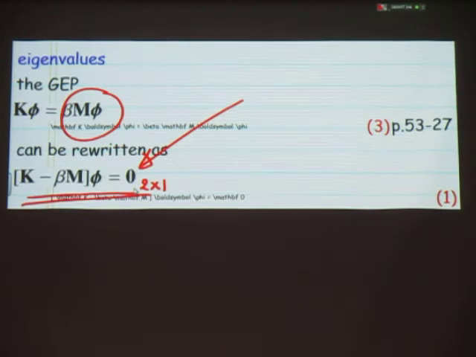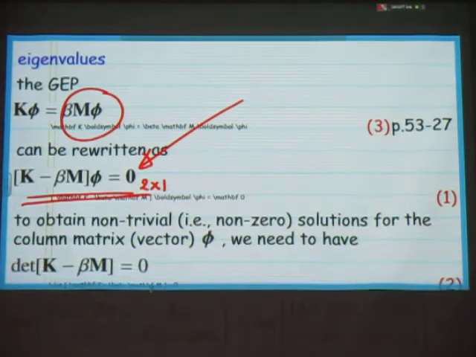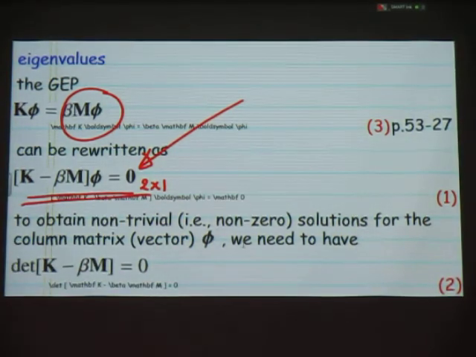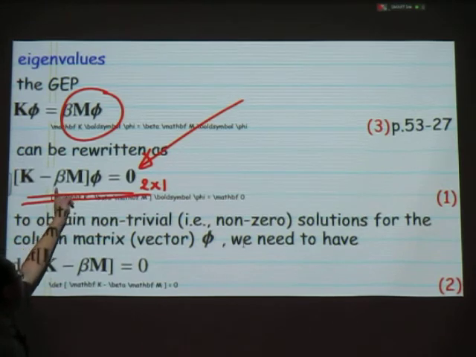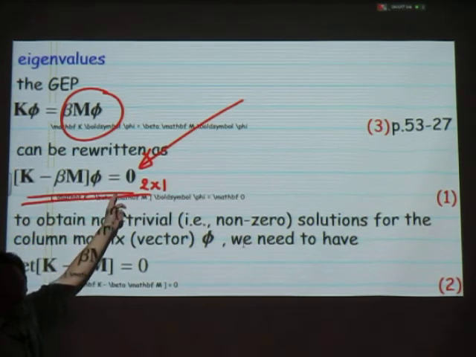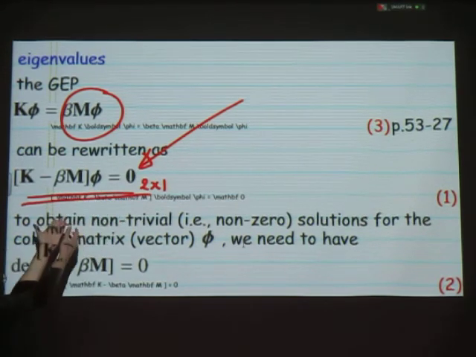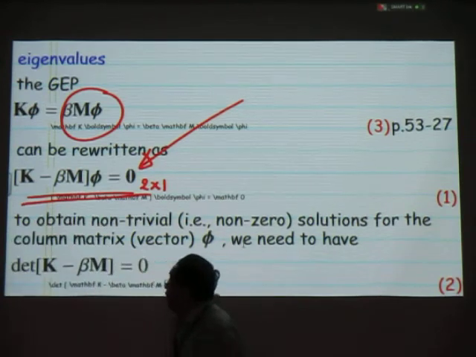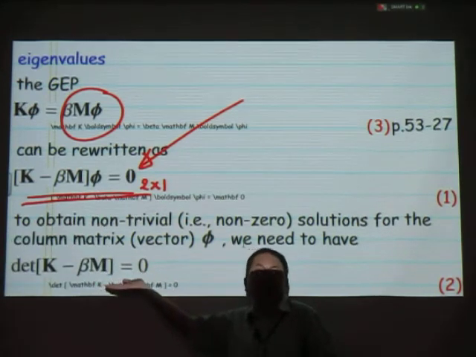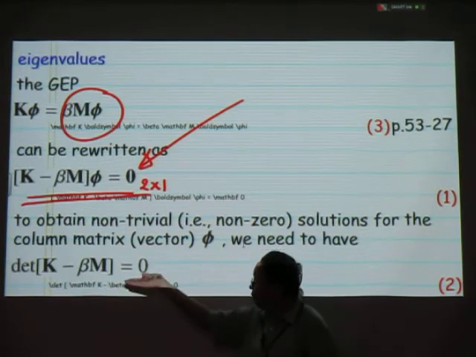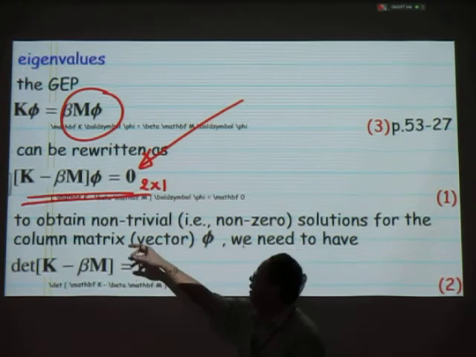Now the reason that you put the generalized eigenvalue problem in this form is as follows. Remember that there are 2 unknowns, beta and phi. To solve for these 2 unknowns, this is the first step, this is the argument here.